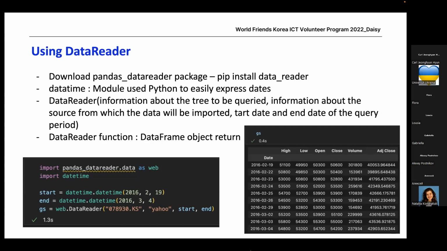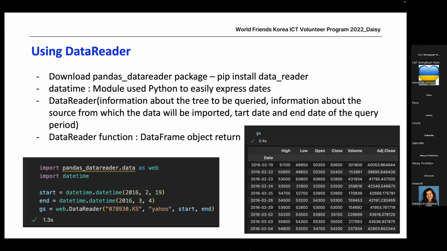Use the datetime module to create variables that correspond to the query start date 2016-02-19 and the query end date 2016-03-04. Note that when entering February and March, you must enter 2-3 instead of 02-03.